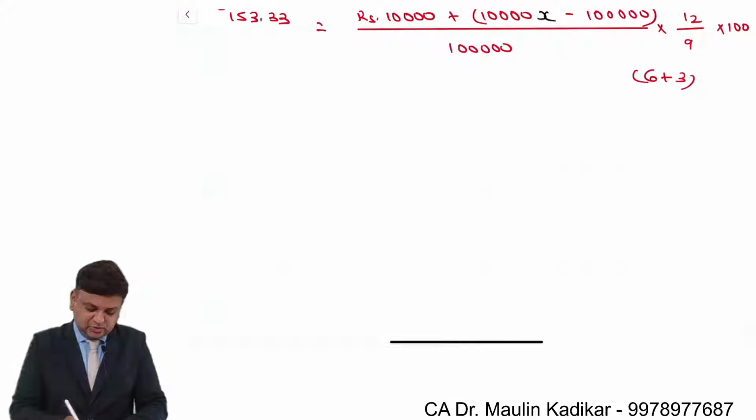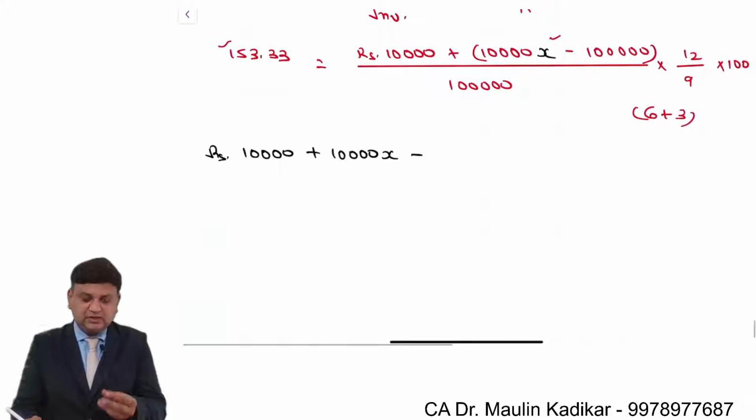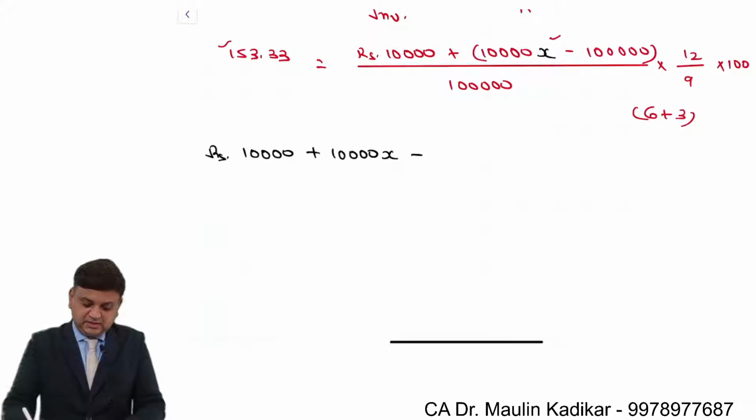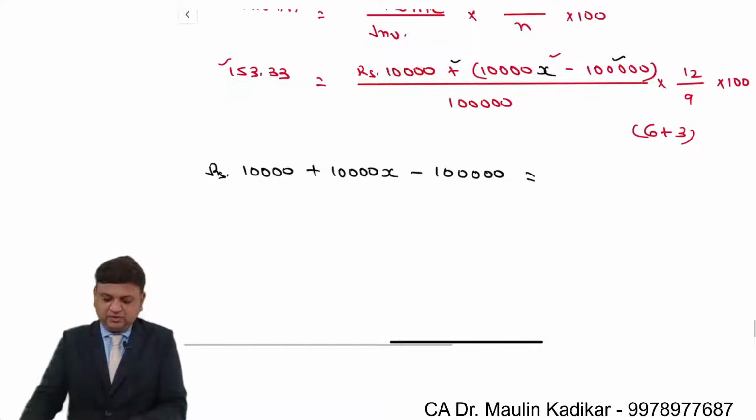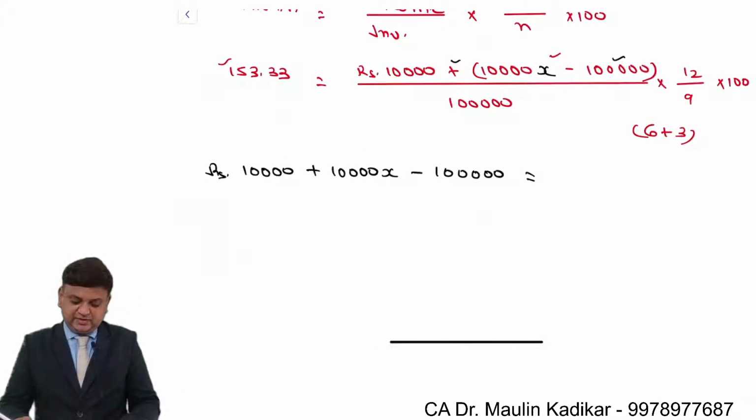So it is rupees 10,000 plus 10,000 X minus, when you open the bracket, this is negative, this is positive, so it will remain negative, is equal to, remaining things are transferred on the left hand side.